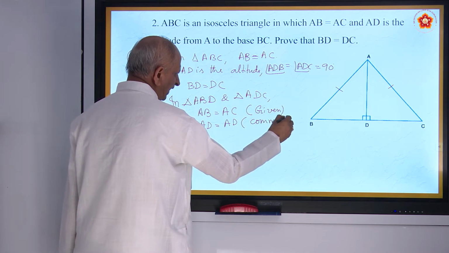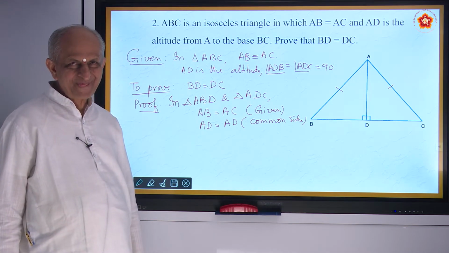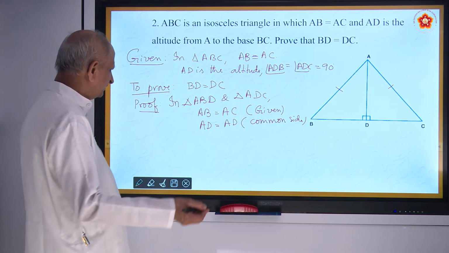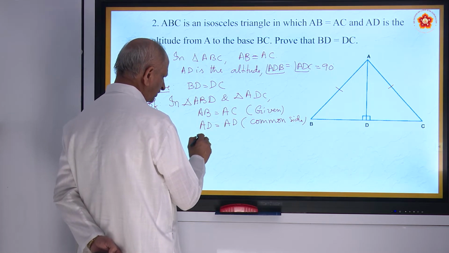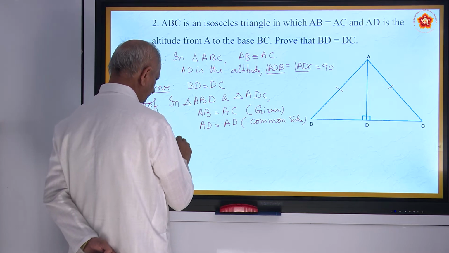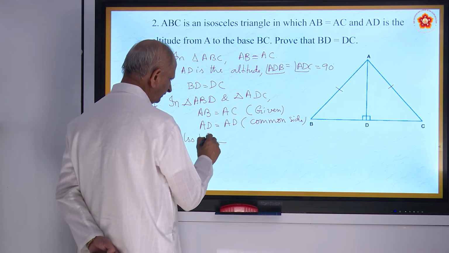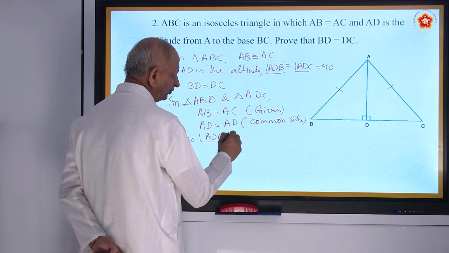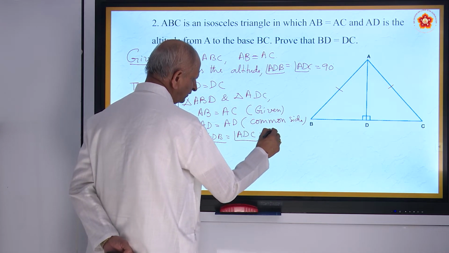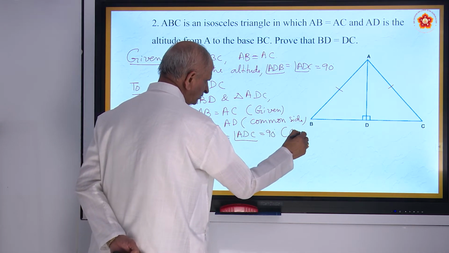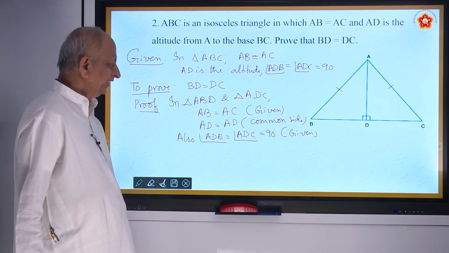So, what type of triangle is it? It is a right angle triangle, right? So, by the RHS, you have also you are given angle ADB is equal to ADC is equal to 90 degrees. That is also given. So, it is a right angle triangle.